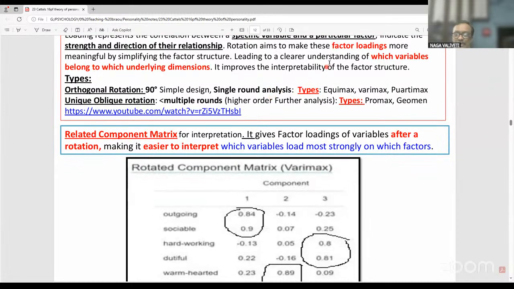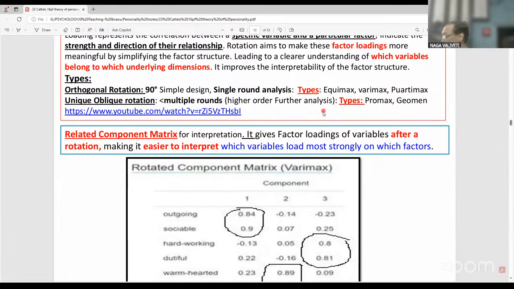Further, there are 2 types of rotations done through graphical presentation. Orthogonal, at 90 degrees: if you want to stop at first order, this method is used. Oblique rotation: if you go further and reduce further, then oblique is used.